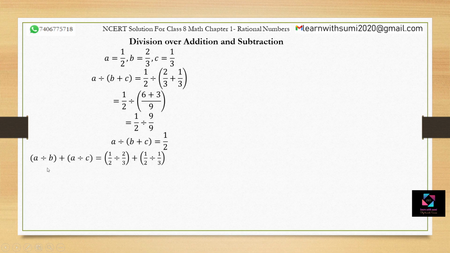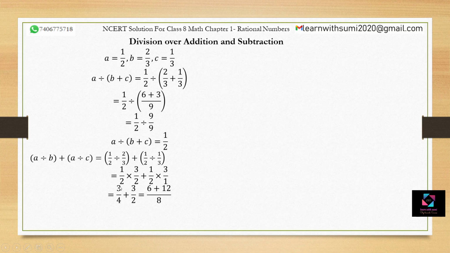We'll do it for a divided by b plus a divided by c. When we do this, we get 1 divided by 2 into 3 by 2 plus 1 divided by 2 into 3 by 1, which is also equal to 3 by 4 plus 3 by 2, which is 6 plus 12 by 18.